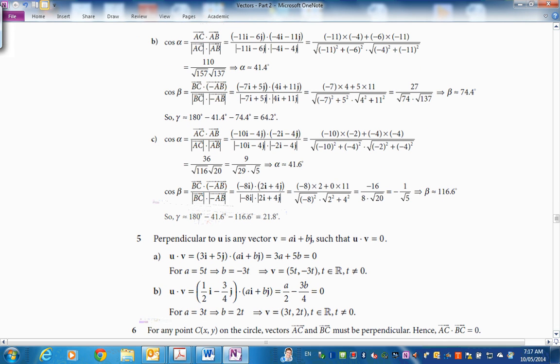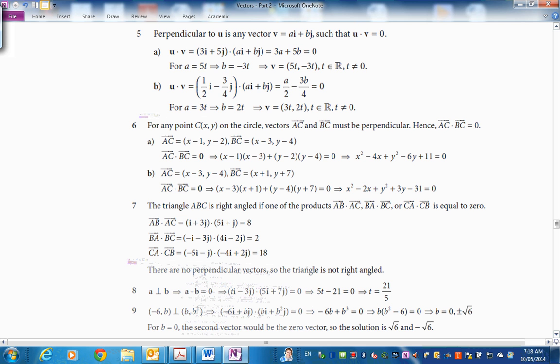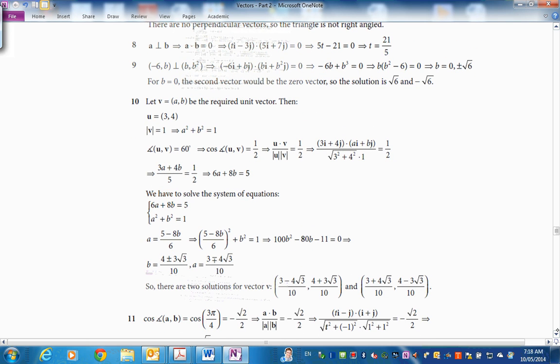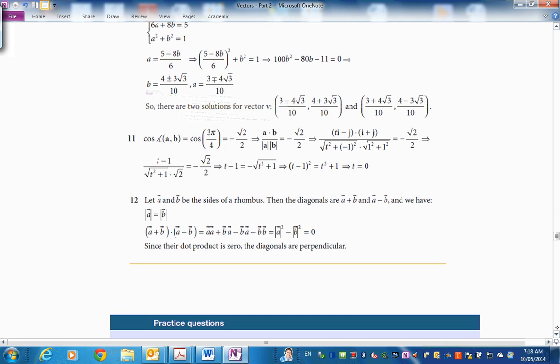B and C. Then 5, 6 and 7. 8, 9 and 10. 11 and 12. Just remember, the general rule here is if you are given ij notation, usually stay in that notation. Okay, if you're given ordinary component notation, usually stay in that notation.